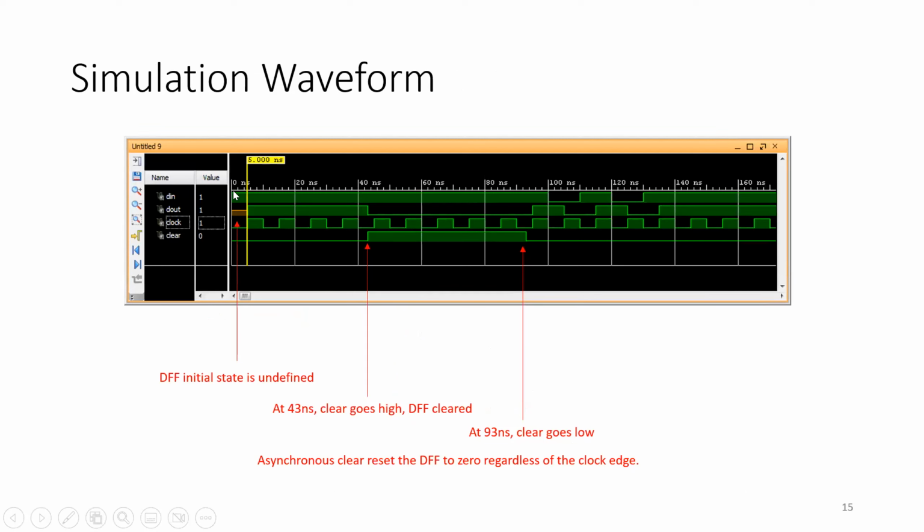This is D in, and this is my clear. Clear is 0 for 43 nanoseconds. This is 43. Clear is 0.